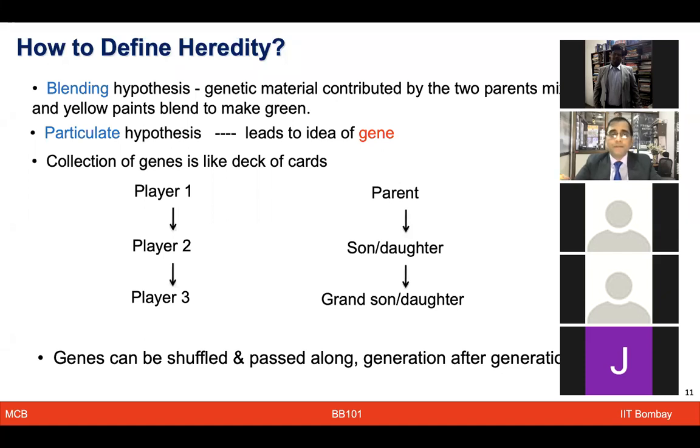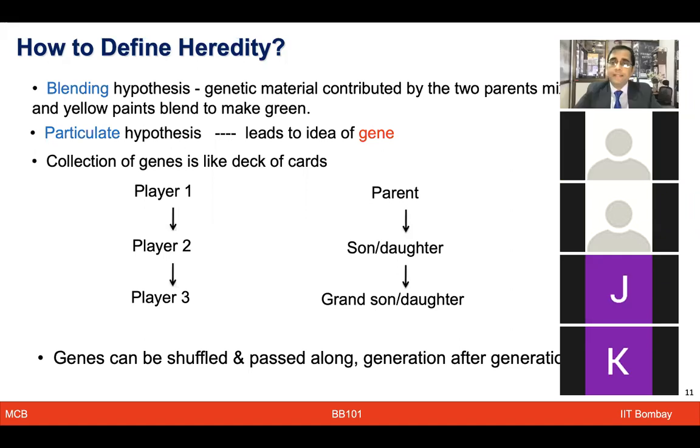So the question comes: how to define heredity? There have been different schools of thought for how one could define this. For instance, there's a blending hypothesis, which says that genetic materials are contributed by two parents, like you can mix different types of paint colors, which blend and give rise to a different color. Or there's a particulate hypothesis, from which the idea of the gene comes forward. You can take the example of a collection of cards, if you're playing cards and there are different players.